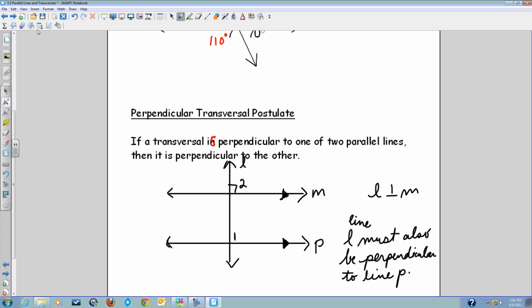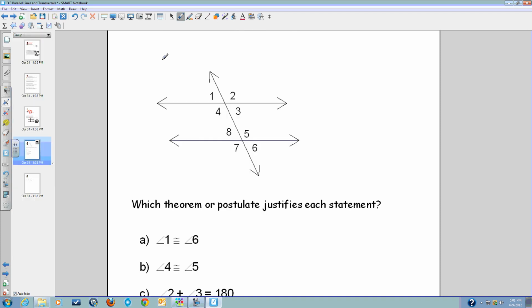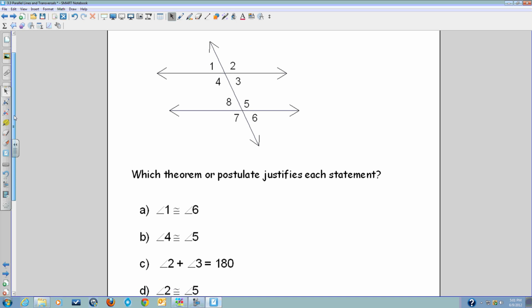Now let's move on to our next page. We are given this diagram, and I'm going to label some lines.